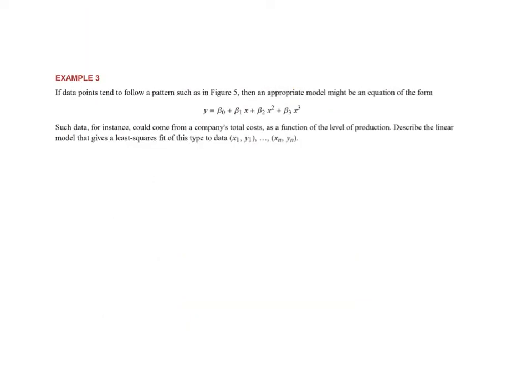Example 3, we'll just look at this one and write down just the design matrix. Again, pause the video if you want to read through all this. But we're given our equation here, y equals b naught plus b1 x plus b2 x squared plus b3 x cubed. So my design matrix is 1, 1, dot, dot, dot, 1, x1, x2, dot, dot, dot, xn, x1 squared, x2 squared, xn squared, and then, oh, we've got a b3, so x1 cubed, x2 cubed, xn cubed.